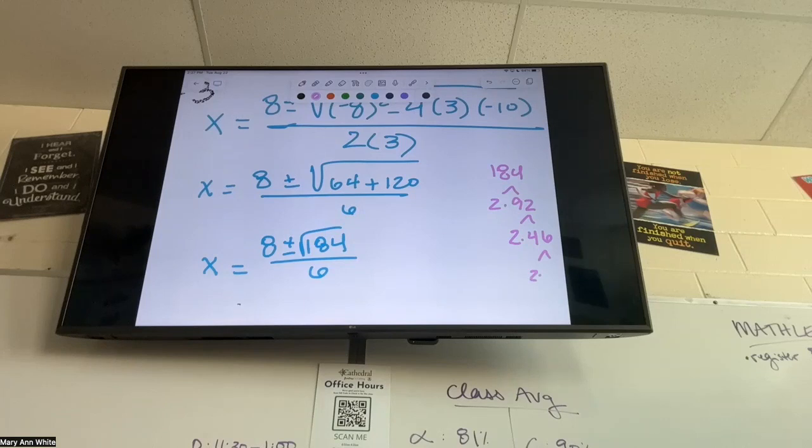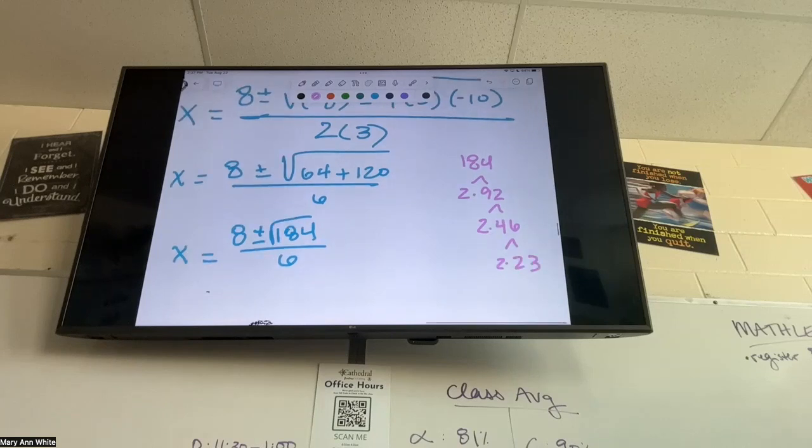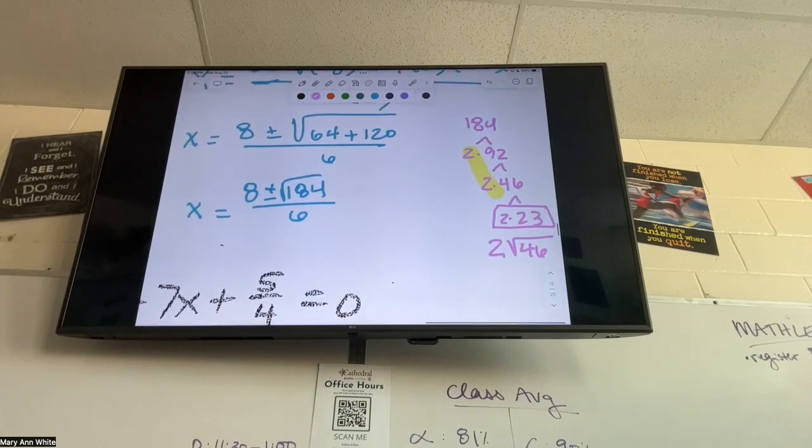And then 46 is 2 and 23. I have one pair of 2, so I can take a 2 out. But my other 2 and my 23 do not have a partner, so they have to stay inside. So that becomes 2 root 46. So I've got x equals 8 plus or minus 2 root 46 over 6.